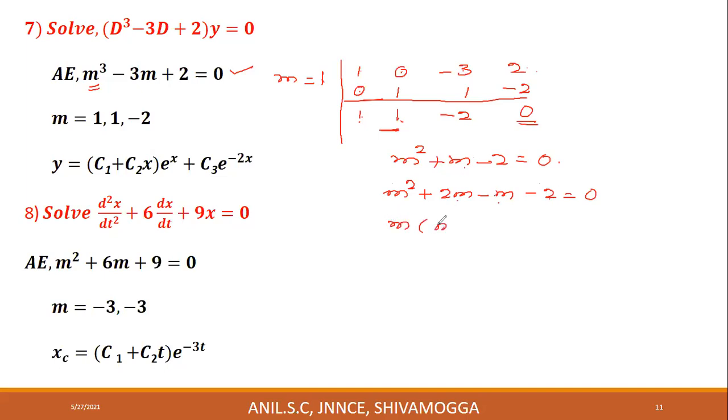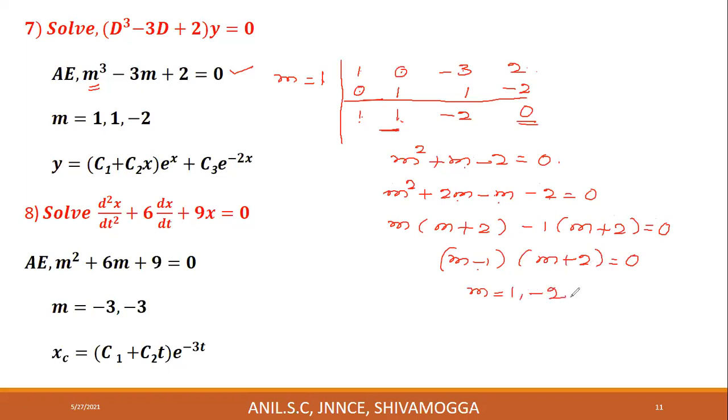Therefore, m into m plus 2 minus 1 into m plus 2 equal to 0. Therefore, m minus 1 into m plus 2 is equal to 0. m minus 1 is equal to 0 implies m is equal to 1, and m is equal to minus 2. Therefore, we have three roots. m is equal to 1 and again m is equal to 1 and m is equal to minus 2.